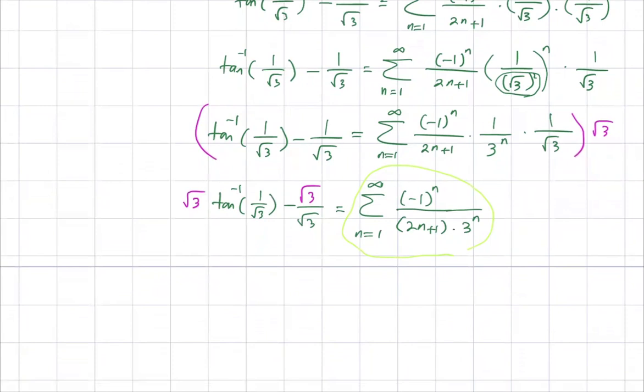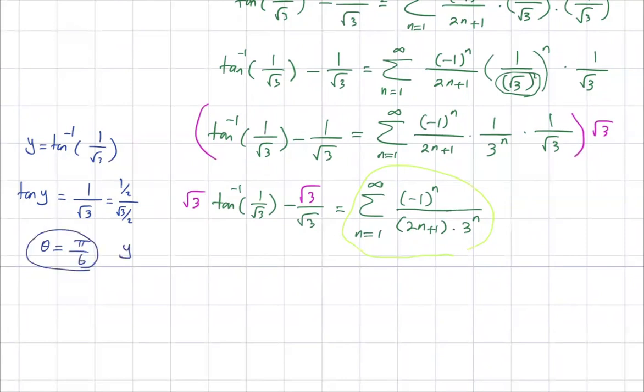In order to find that value, if y is equal to inverse tangent of 1 divided by the square root of 3, it means that you're looking for an angle y, that the tangent is equal to 1 over the square root of 3. But this is 1 over 2 divided by the square root of 3 over 2. So theta is equal to pi over 6, or y is equal to pi over 6. You have sine of pi over 6, which is a half, and cosine of pi over 6, which is the square root of 3 divided by 2.